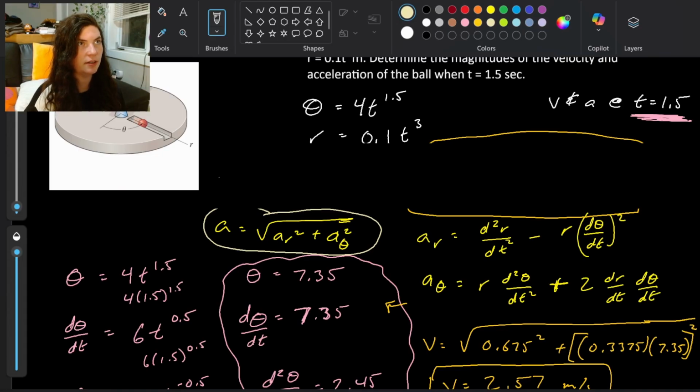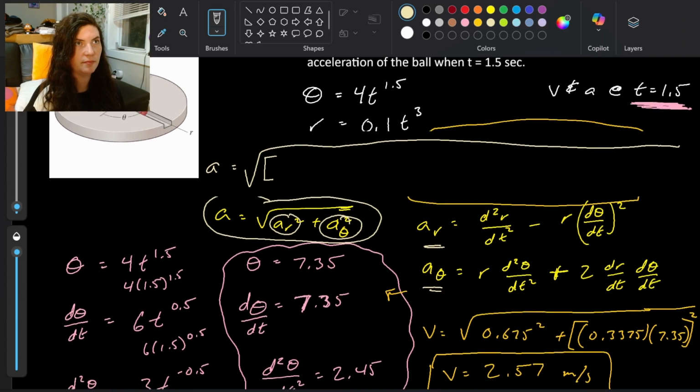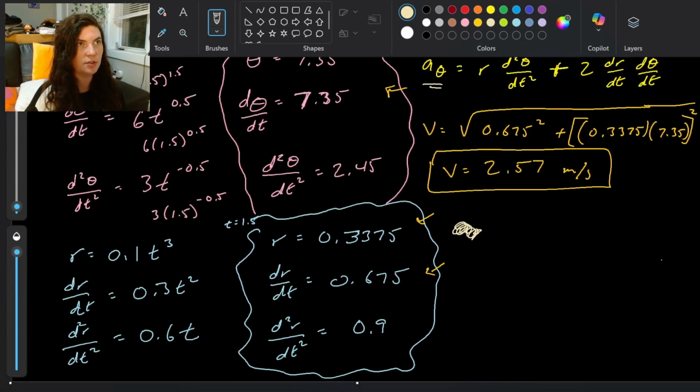Alright, so my acceleration equals the square root. It's going to be a big one because we've got the a_r squared and the a_theta squared. So our a_r squared is going to be the second derivative of r. Found that guy?